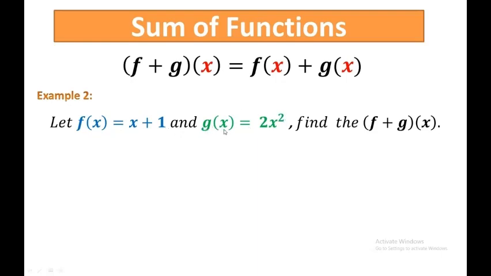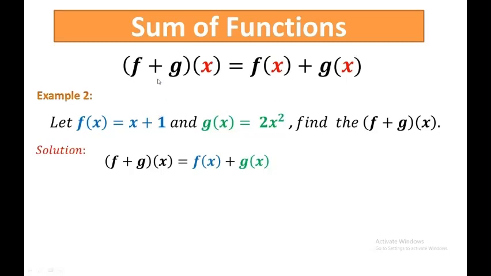Again, g of x is equivalent to 2x squared. So we have here two functions given. What are we going to do? Find the sum of f and g of x, or the f plus g functions of x. Our solution.